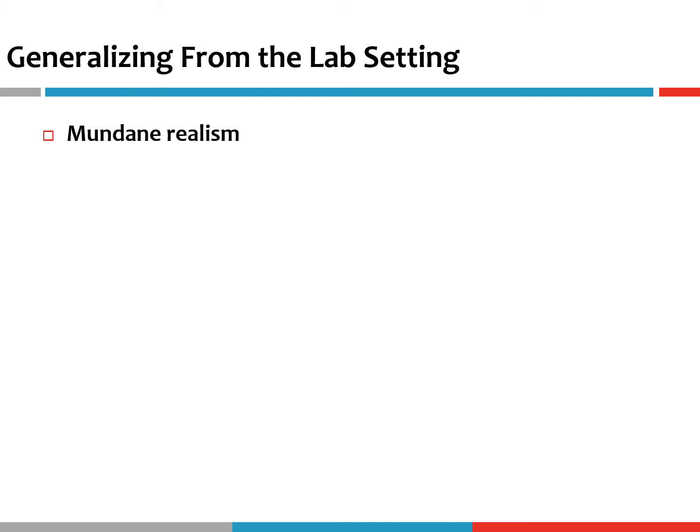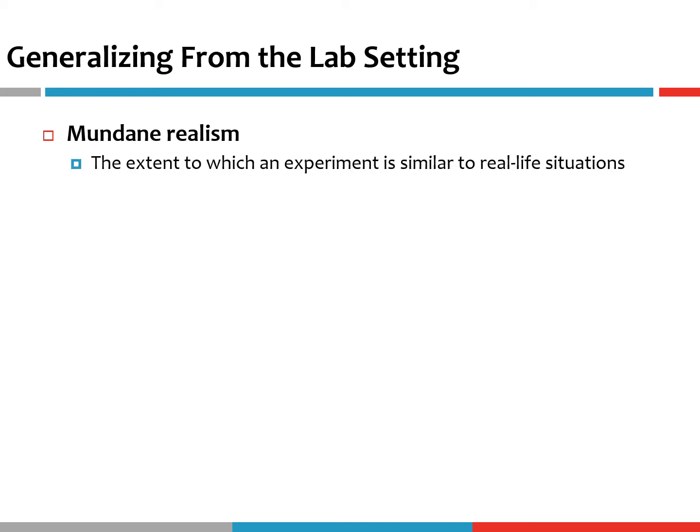But the question becomes, how do we define realistic? Well, there's a couple of different perspectives on this. Mundane realism is the extent to which an experiment is similar to real-life situations. Okay, so that is mundane realism.